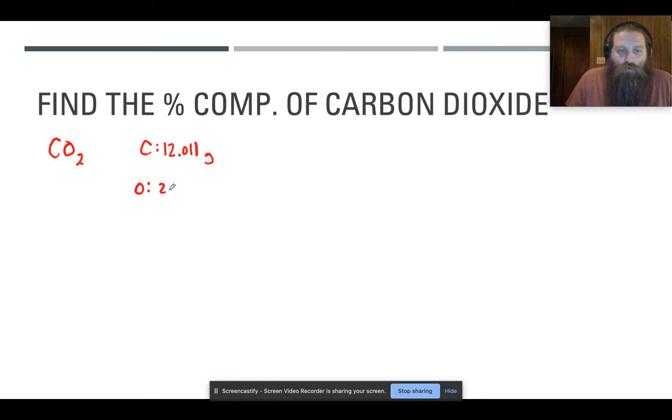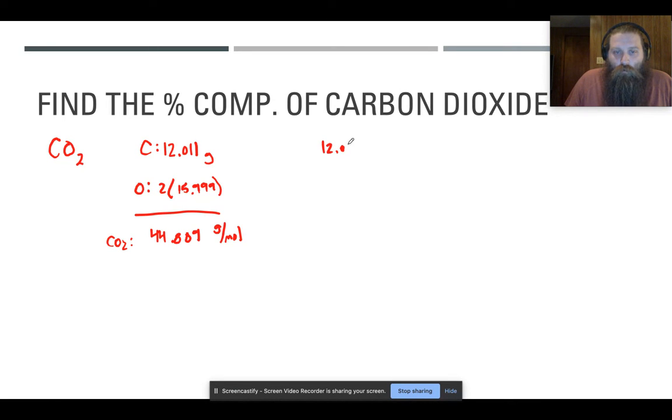Oxygen is 2 times 15.999, so that's 31.998. 31.998 plus 12.011 gives me a whole mass of 44.009 grams per mole for CO2. So there's the whole thing.